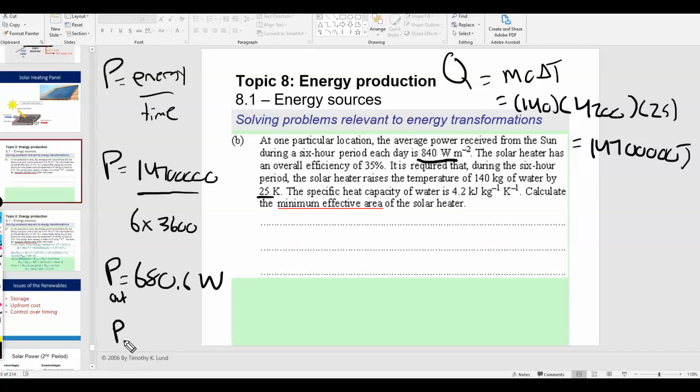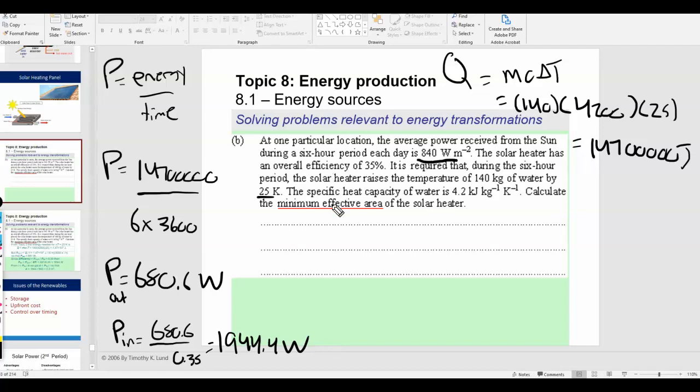Efficiency is P out over P in, so my P in would be 680.6 divided by my efficiency of 35%. That gives me a P in of 1944.4 watts. In other words, I need enough sunlight to hit my solar cell to deliver this much power. Now I'm almost done with the problem.